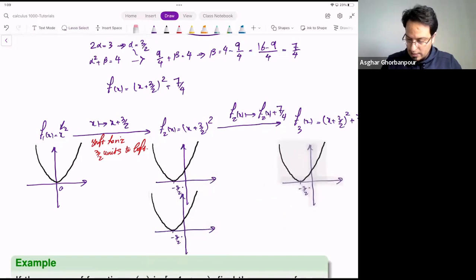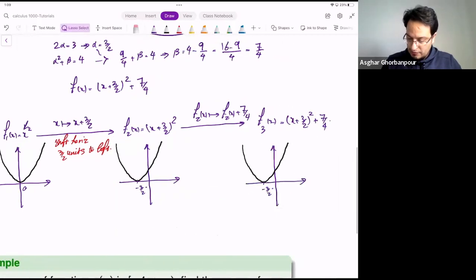I can do the other one by shifting this guy 7/4, which is about 2 units somewhere here. This means that I am now somewhere here, which is 7/4.